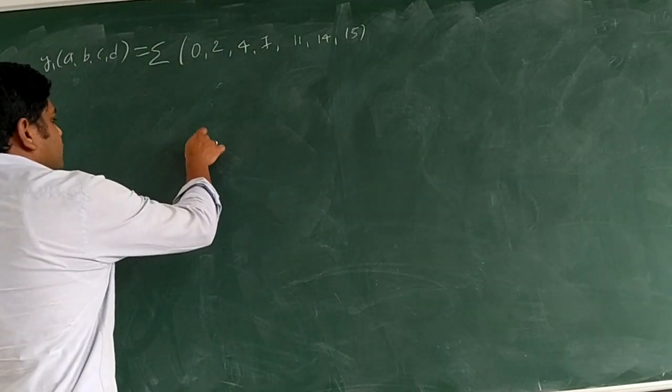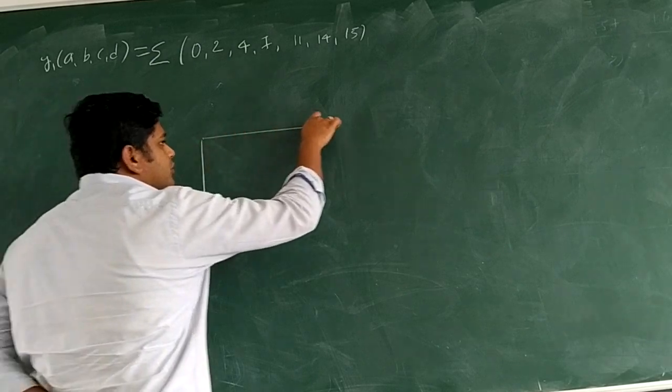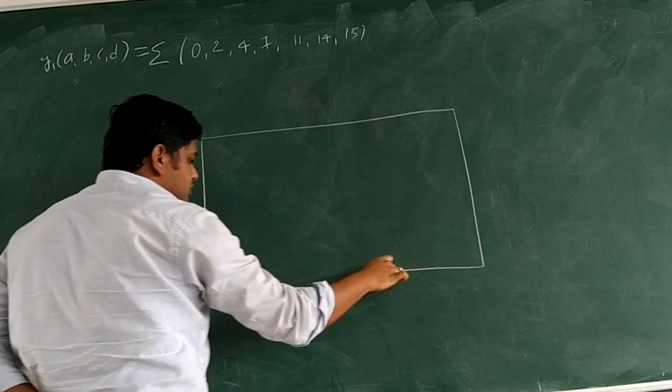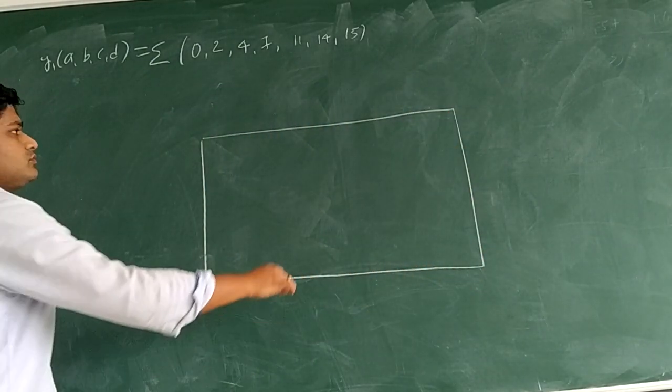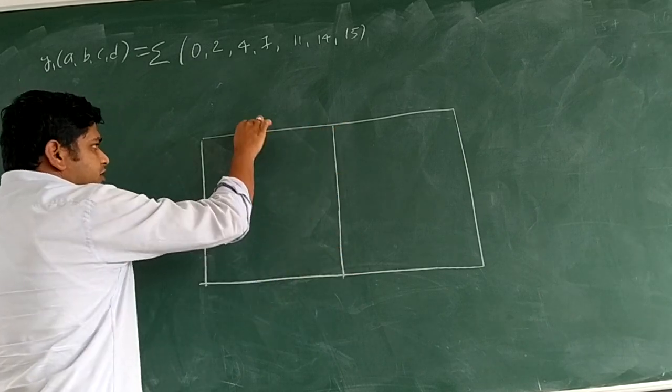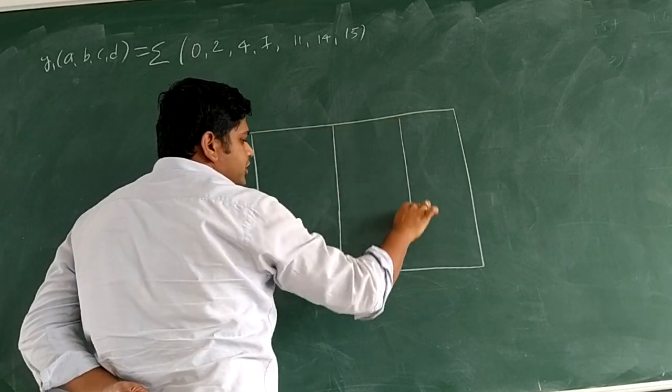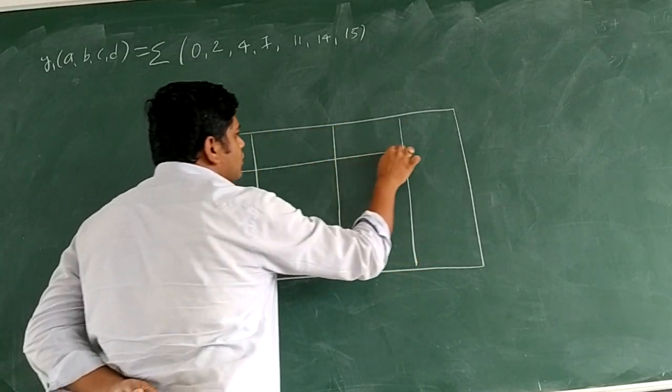Okay, so now take a K-map of 4 variables. There should be a total of 16 small cells.